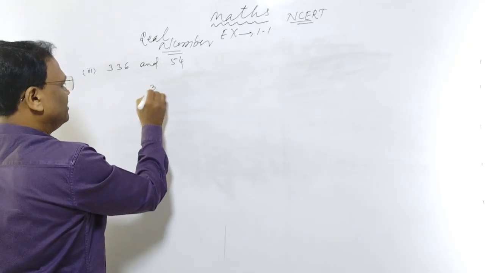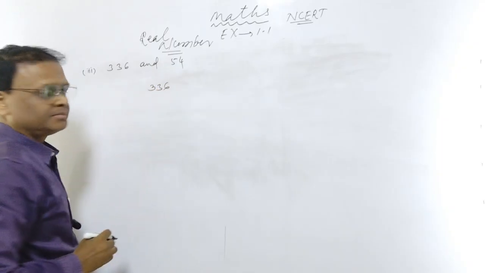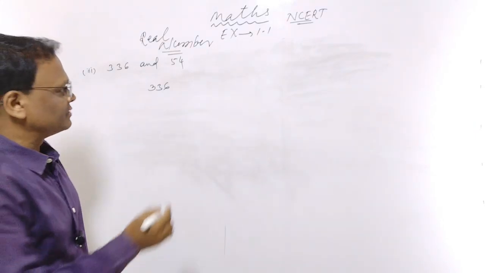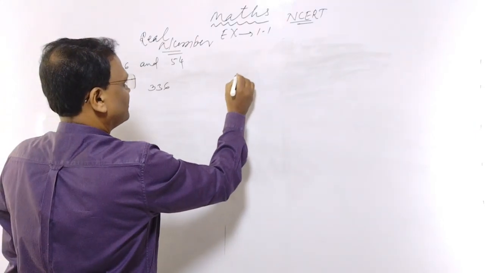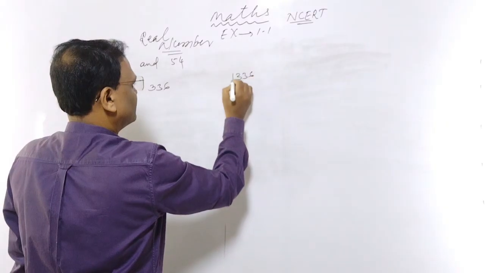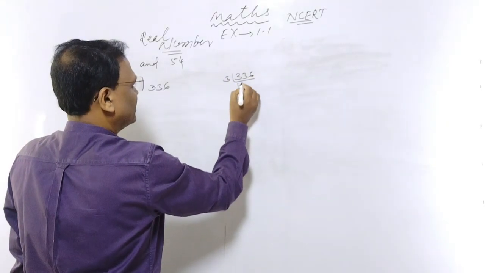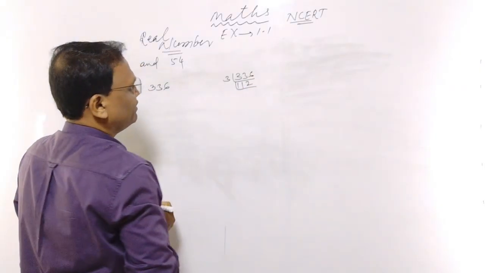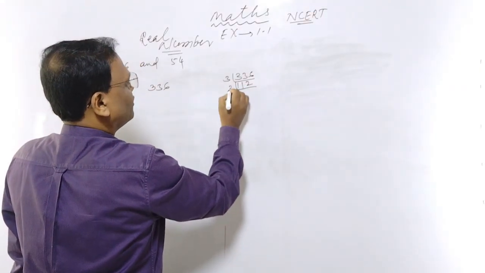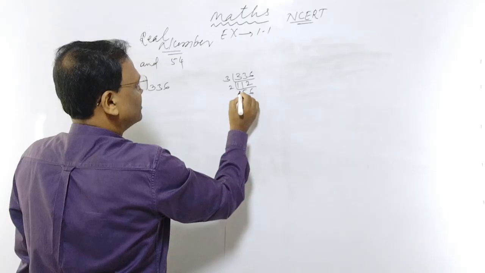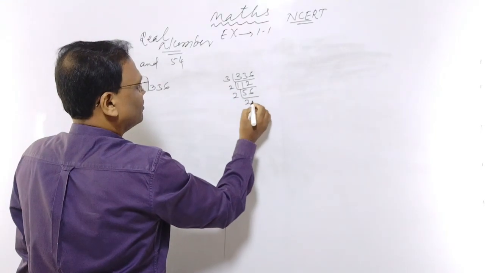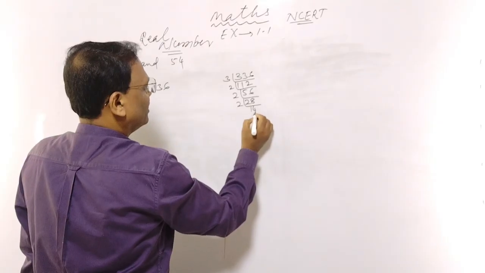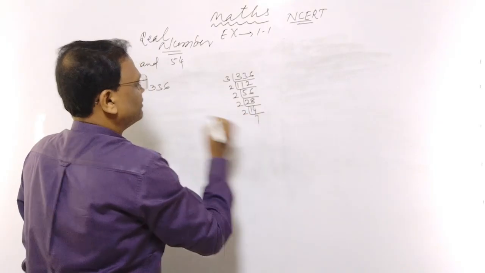Let me first find the factors of 336. Let's find. 336, 3 1s are 3, again 3 1s are 3, 3 2s are 6. Now 2 5s are 10, 2 6s are 12, 2 2s are 4, 2 8s are 16, 2 14, 2 7.